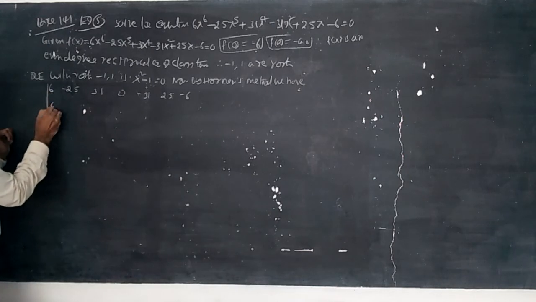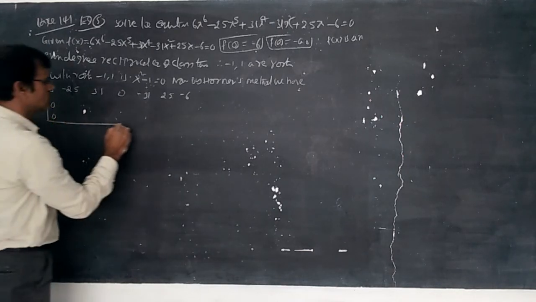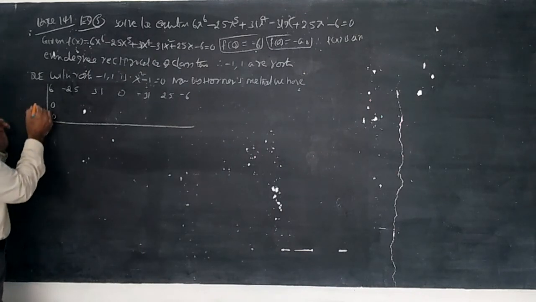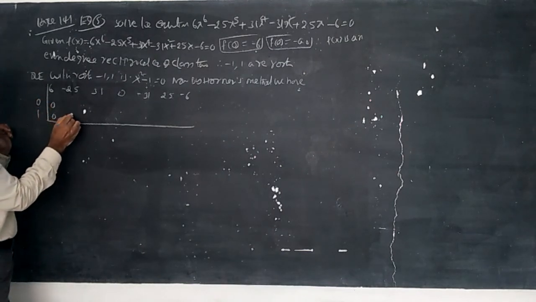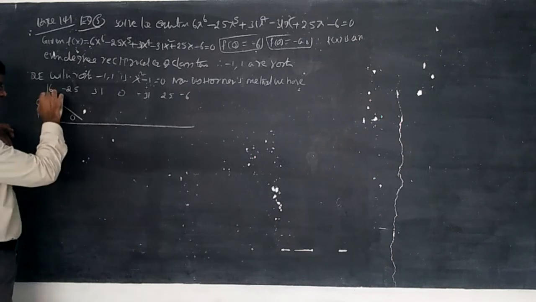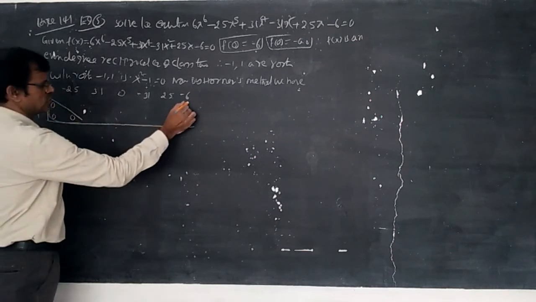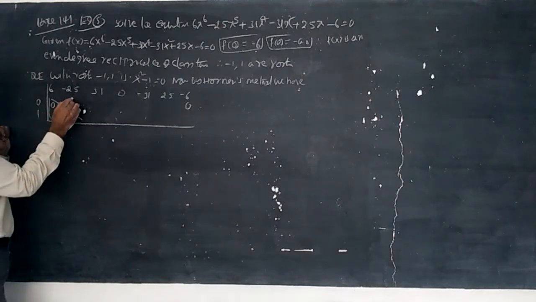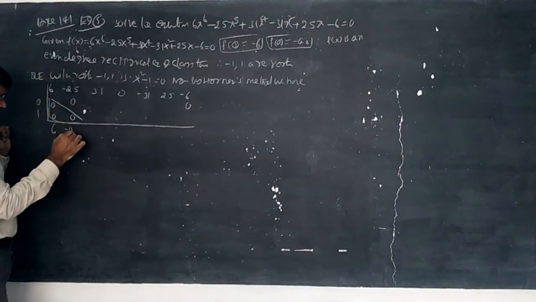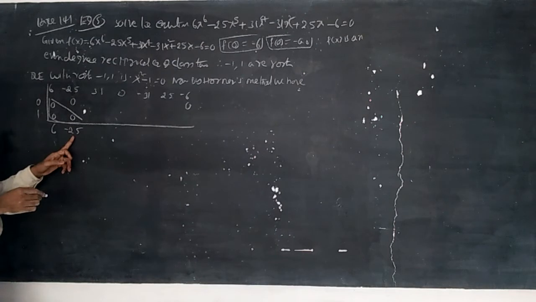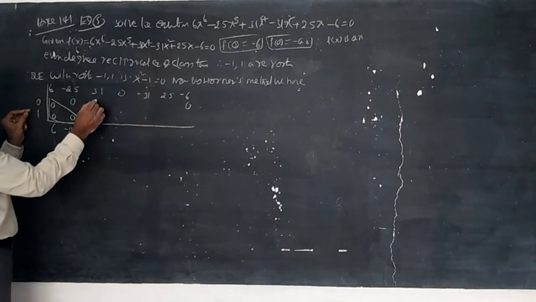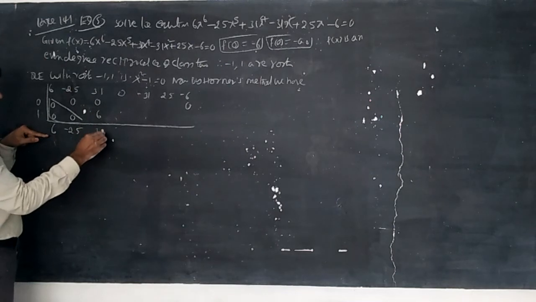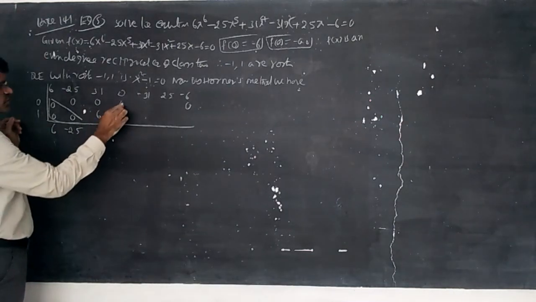We are doing division of the polynomial. So put here 0 and 1. This is the triangle 0, already plenty of times we have discussed it. Put here 0. Now write 6. This 6 into 0 becomes 0. Now you write minus 25. The new number will be multiplied with the old. Then 37. 37 zeros are 0.